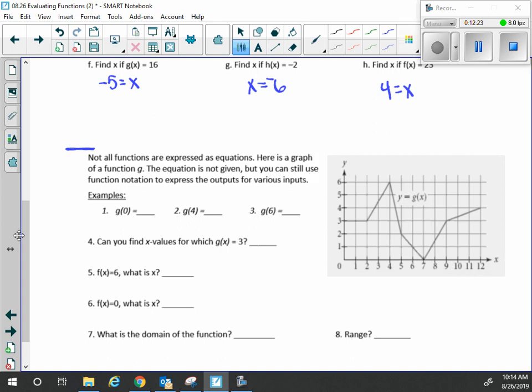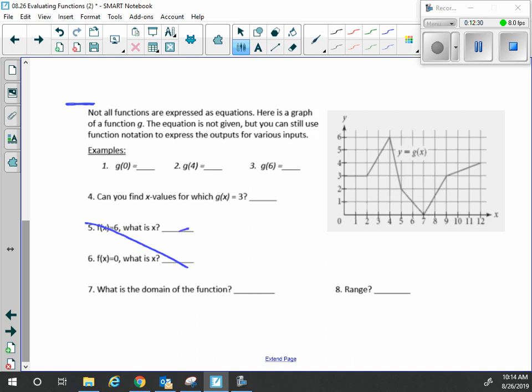All right, so we spent a lot of time talking about the ordered pairs that would be associated on a graph, right? First thing I want you to do, eliminate 5 and 6 and 7 and 8. We don't need that. Okay, so if I look when there's a graph given, we're paying a lot of attention to those ordered pairs. So for example, g of 0. If we think back to what we would do up above, g of 0 means that what is 0? X. So 0.